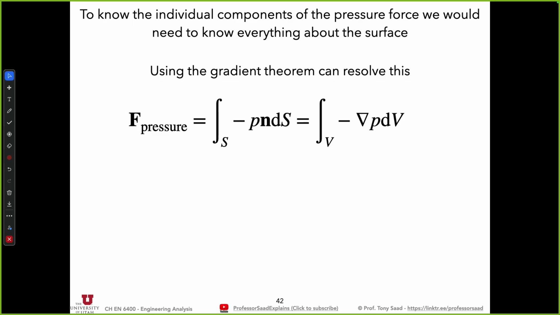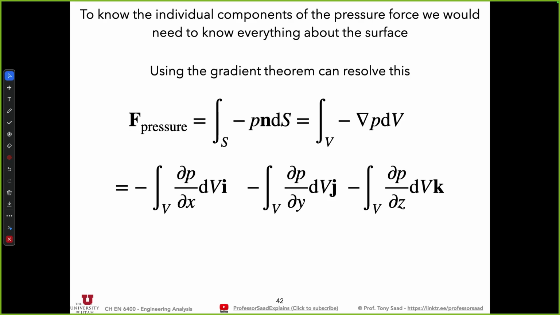Moving from the surface integral to the volume integral, I no longer need to know what the surface looks like, because the gradient is just giving me automatically the x, y, and z components. What are they? Well, grad P is dp/dx i, dp/dy j, dp/dz k. Done. Those are the components of the pressure force, okay?